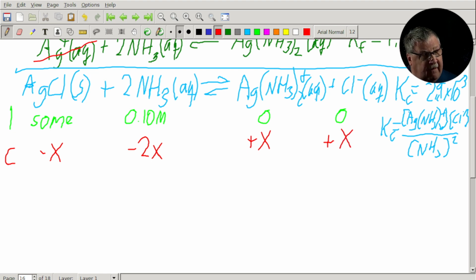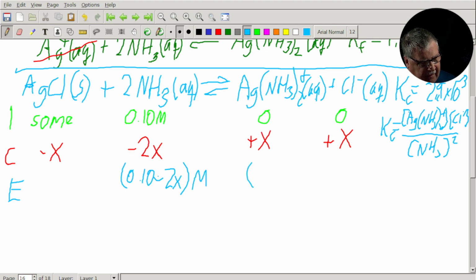Now again, if we solve for X in this particular case, it's going to tell us how many moles of silver chloride will dissolve into a liter of this solution, even though it's hypothetical and not included in the equilibrium expression. So at equilibrium, the concentration of ammonia is going to be 0.10 minus 2x molar, and each of the other concentrations will be x molar.